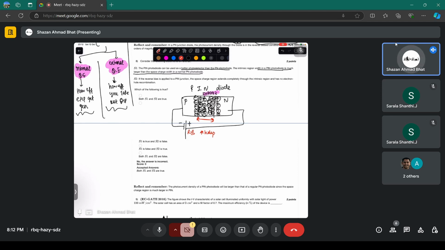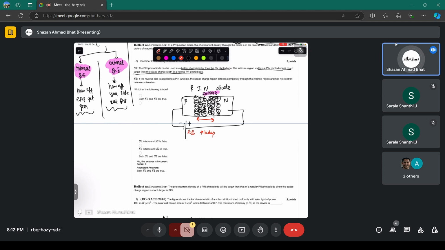because in the PN diode the width can be increased, but you don't have absolute control over making the entire region a depletion region.